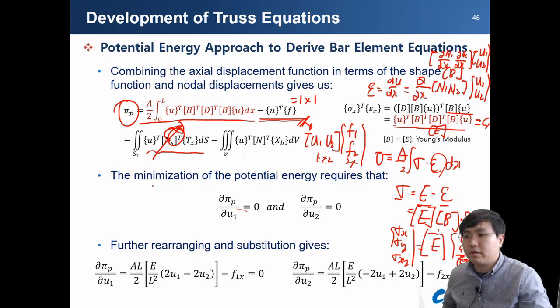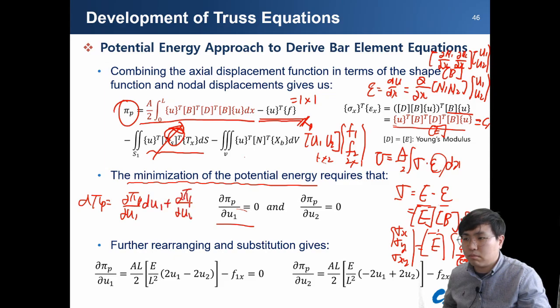So the next approach is to find the minimization value. To find the minimum value in the total potential energy approach, we should take some derivative. The derivative of the total potential must be equal to 0, so each component must be equal to 0.